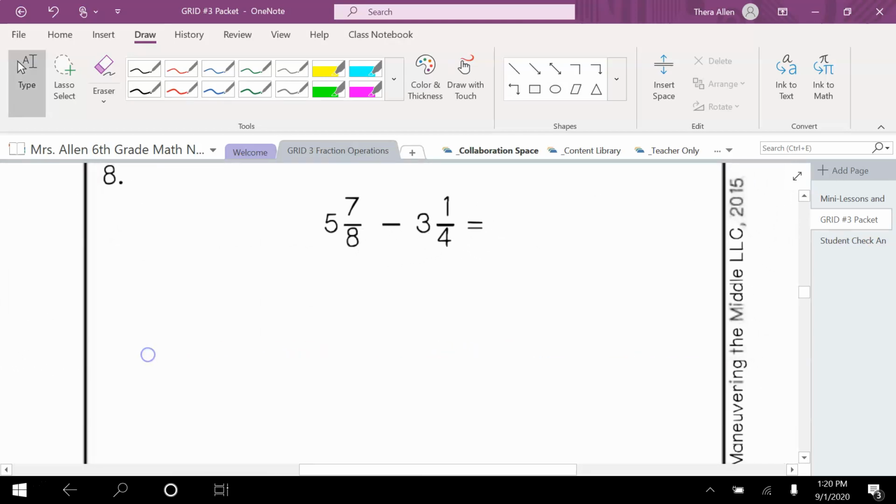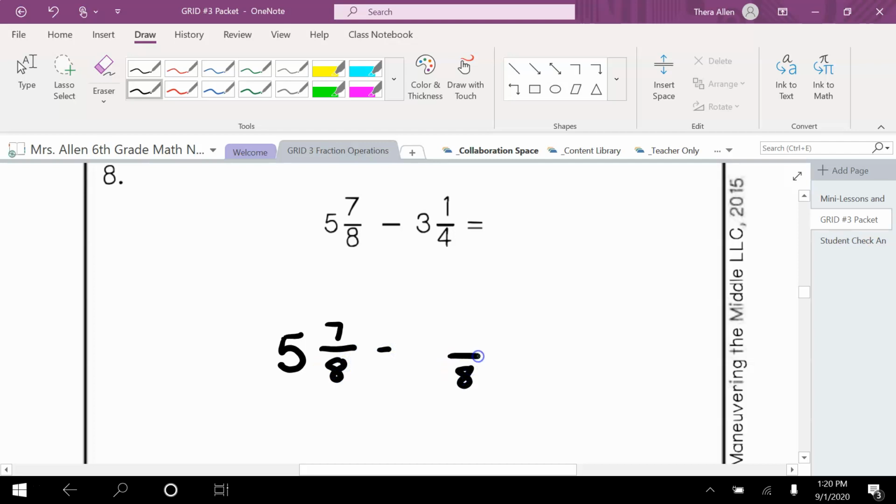Our last example, we have 5 7/8 minus 3 1/4. These do not have common denominators. The common denominator would be 8. We have 5 7/8. I did not have to change that one.